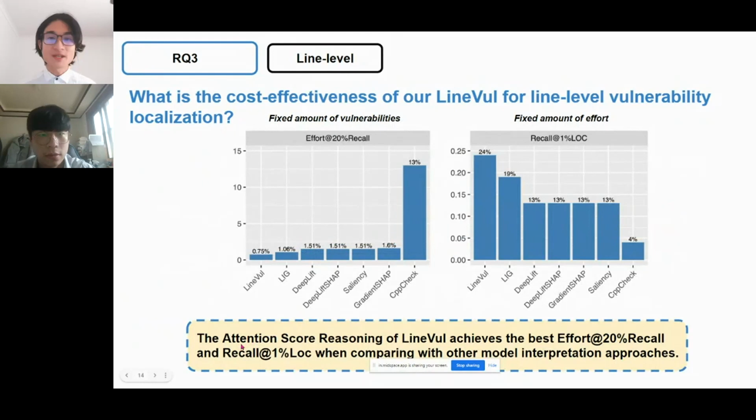We found that the attention score reasoning of LineVul achieves the best effort at 20% recall and recall at 1% lines of code when compared with other model interpretation approaches. So given a fixed amount of vulnerabilities, LineVul used the least effort to capture those vulnerabilities. Given a fixed amount of effort, LineVul can achieve the best accuracy of 24%.